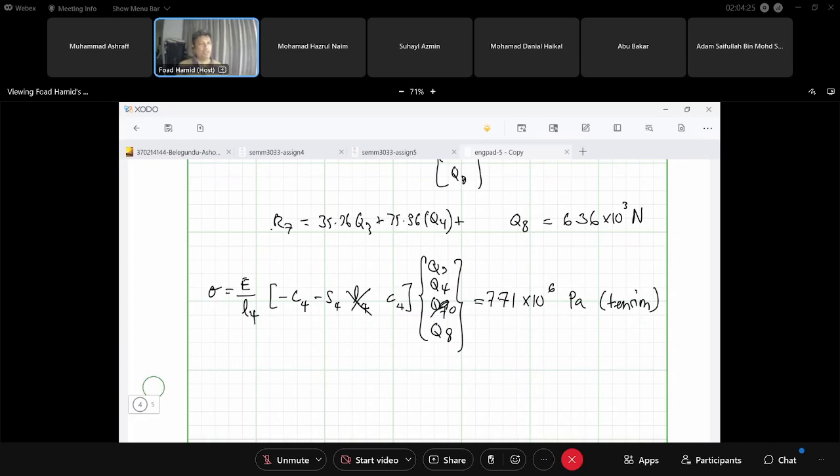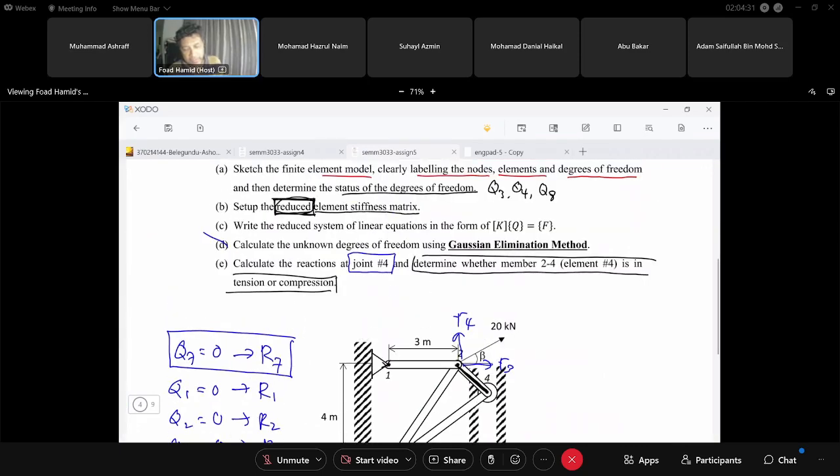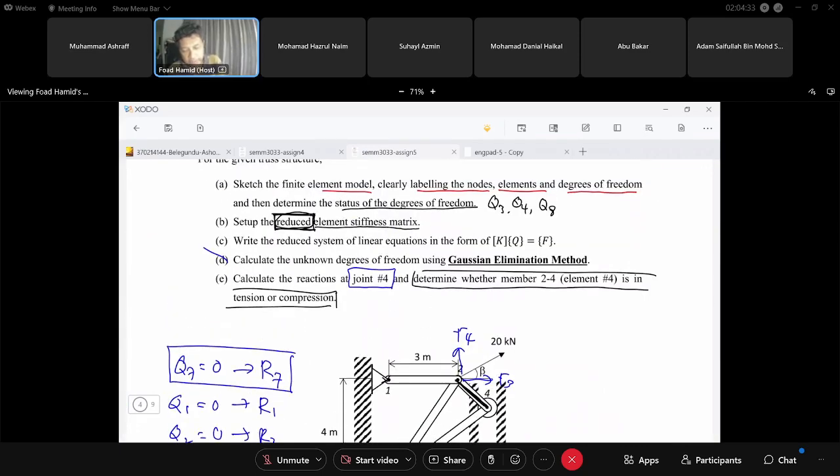So that is why we are doing the one suggested in the question paper, which is set up the reduced element stiffness matrix. Okay, all right. So I think that's it for this assignment.